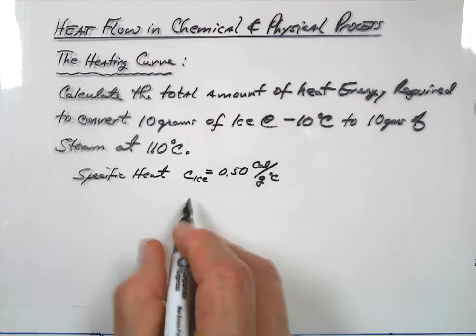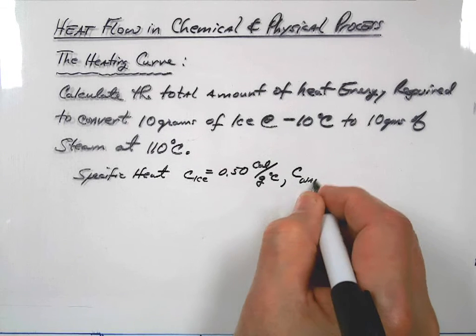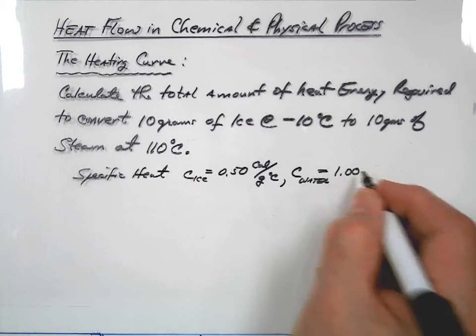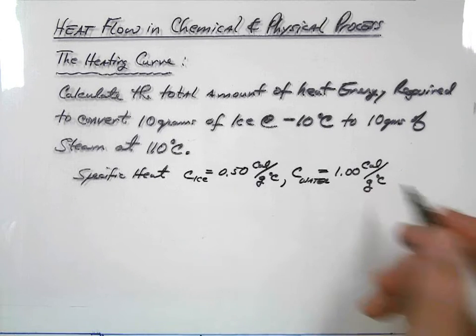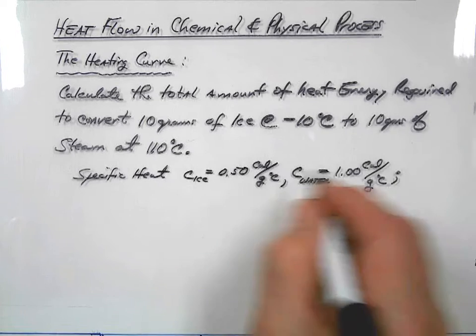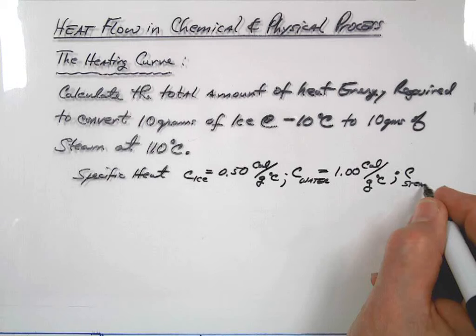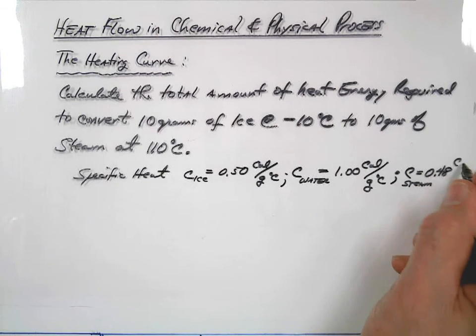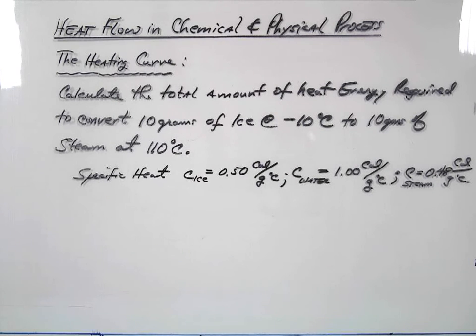And the specific heat of water is 1.0000 calorie per gram degree Celsius, and the specific heat of steam, water gas, is 0.48 calorie per gram degree Celsius. So those are constants you will use as we go through this.